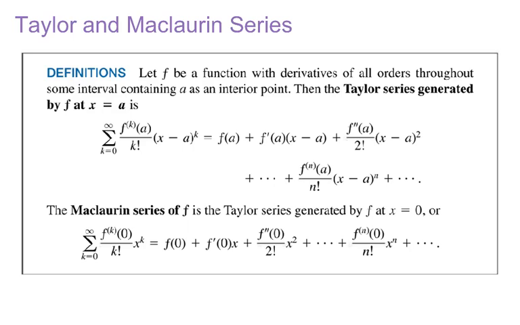The first term is the function, divided by 0 factorial. The first derivative is divided by 1 factorial. Then you notice the second derivative divided by 2 factorial. The 0 factorial and the 1 factorial aren't written in the definition because they're equal to 1.